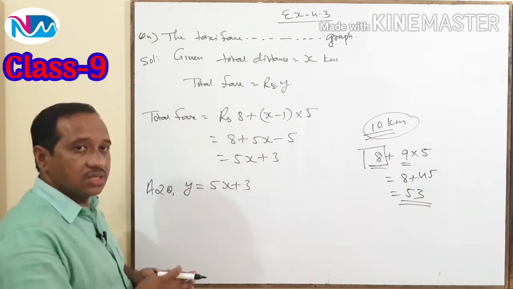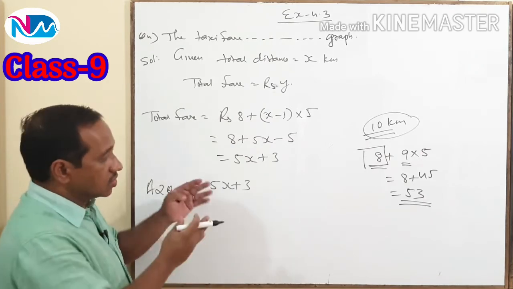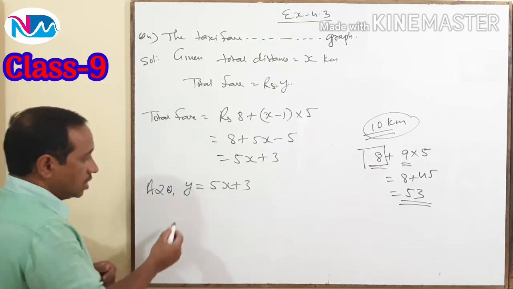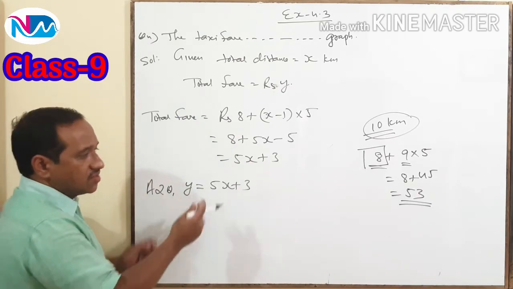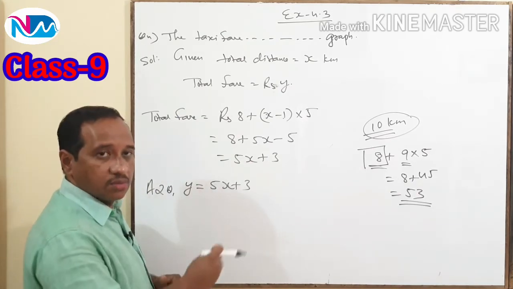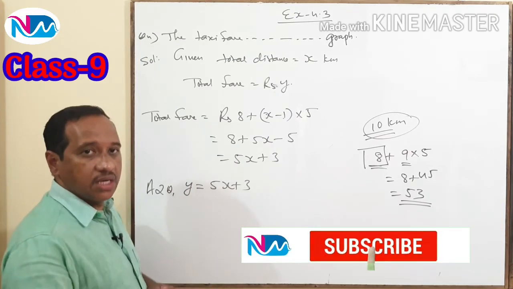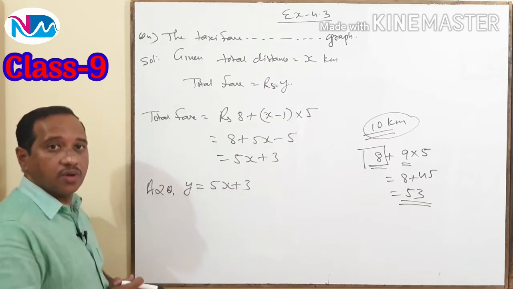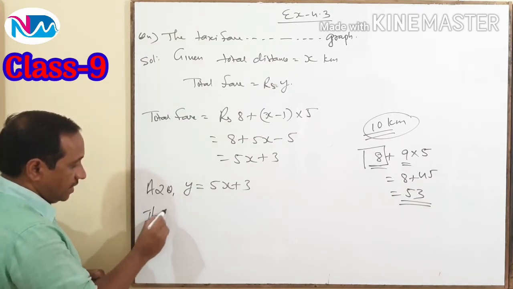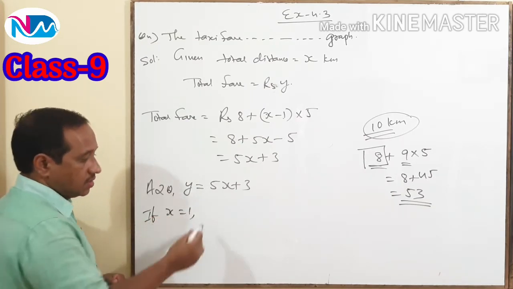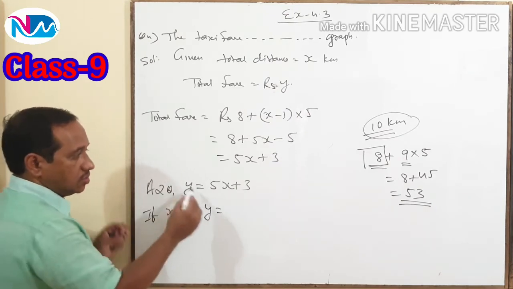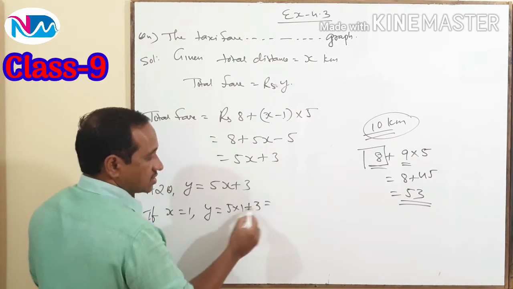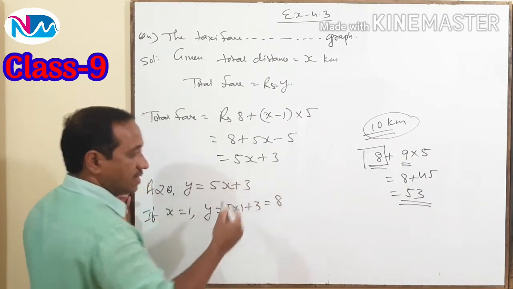Now we have to draw the graph for this. To draw the graph, we need at least 3 solutions. So here y is given in terms of x. So I am going to give 3 different values for x, and hence we will get the respective values for y. If x is equal to 1, then y is equal to 5 into 1 plus 3, that is 5 plus 3, 8.